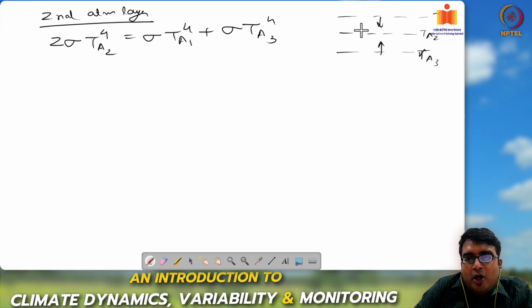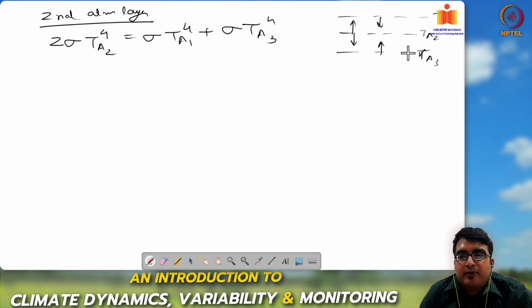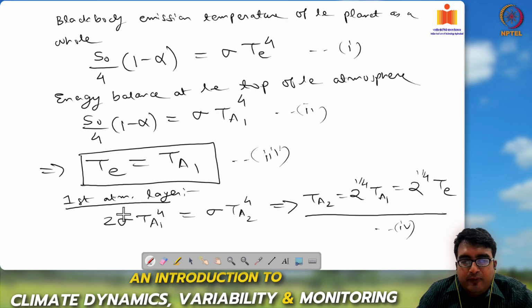Emissions are coming from the top and the bottom, and emissions are going out on two sides from the atmospheric layer Ta2. Okay. Similarly here, first atmospheric layer, emissions are going up and down, and emission is only coming from the bottom. Alright.